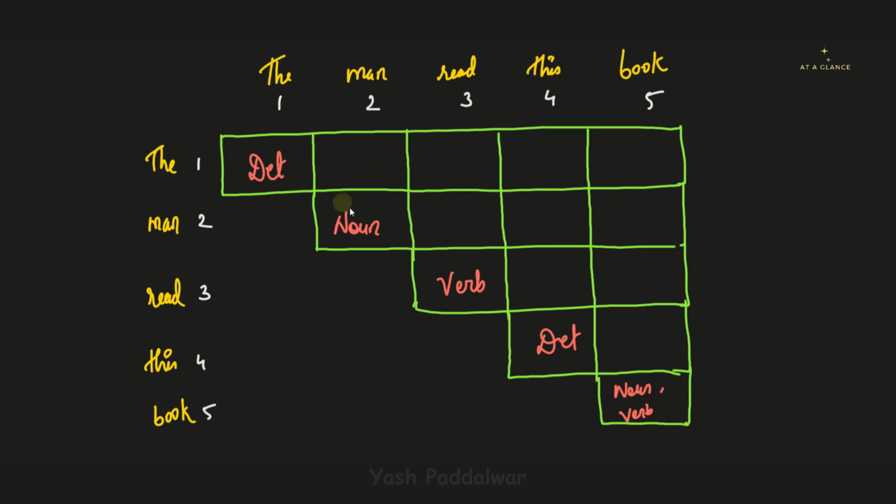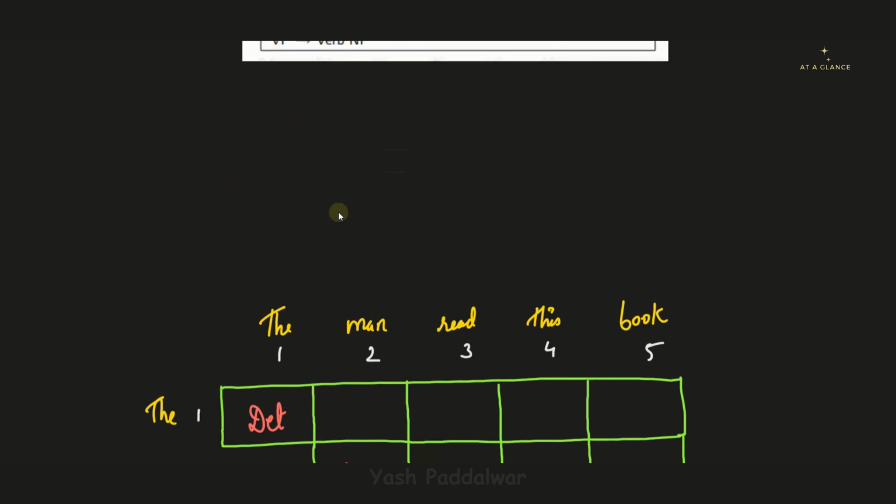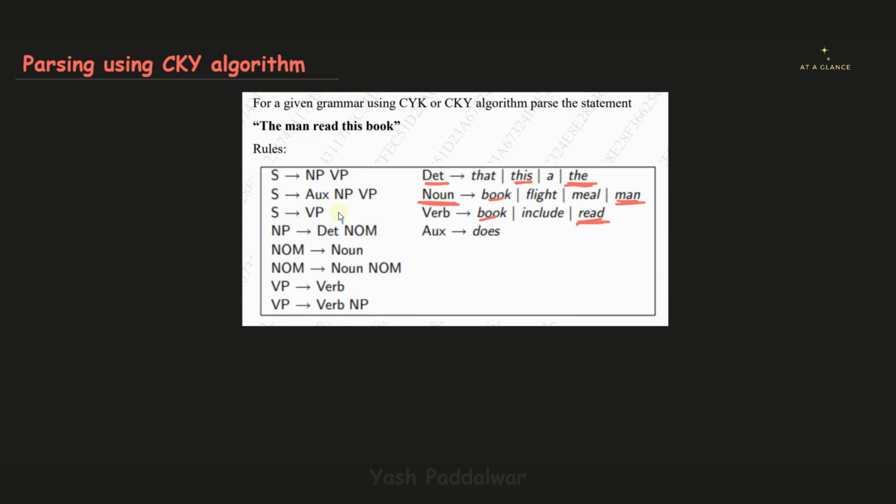Now we'll try to form non-leaf nodes by looking at the rules. We'll check in the grammar rules whether determiner and noun appear together. Let's have a look. In the rule, determiner is present, but with that, nominal is present. If we look at further rules, nominal accounts for noun.